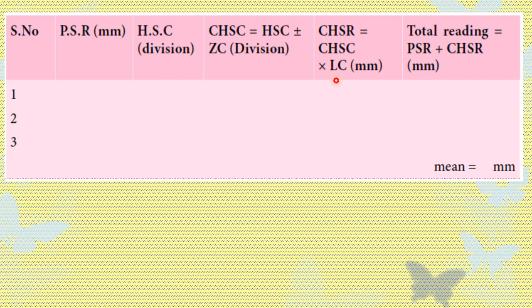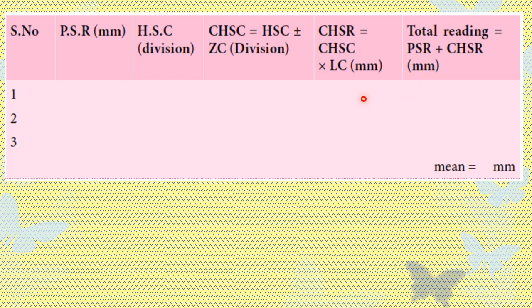LC is the least count, which we have to determine initially. In the first step, we defined the least count, which is in millimeter. Therefore, finally, the total reading is equal to pitch scale reading plus CHSR, corrected head scale reading, in millimeter.